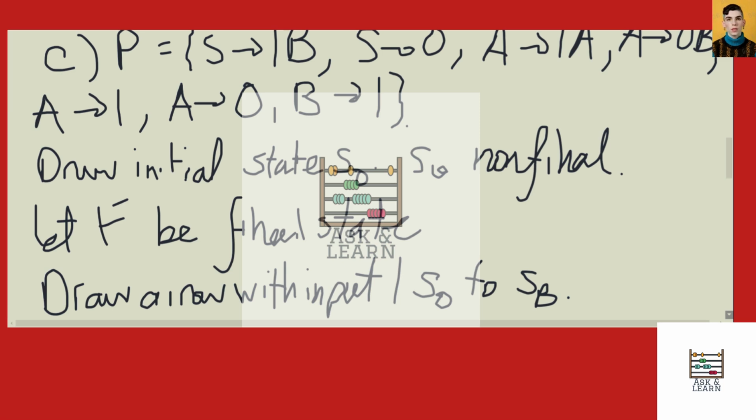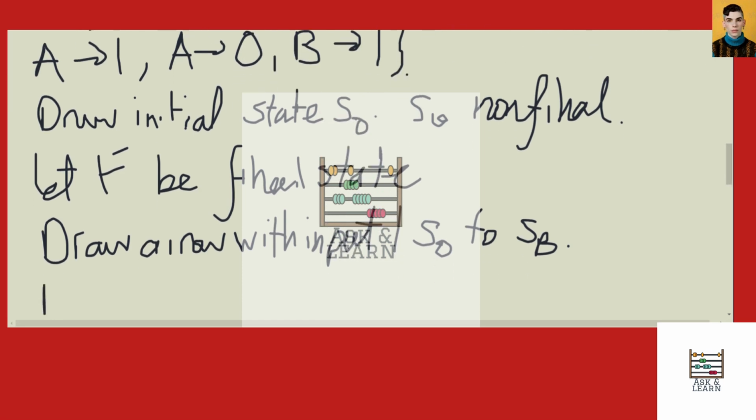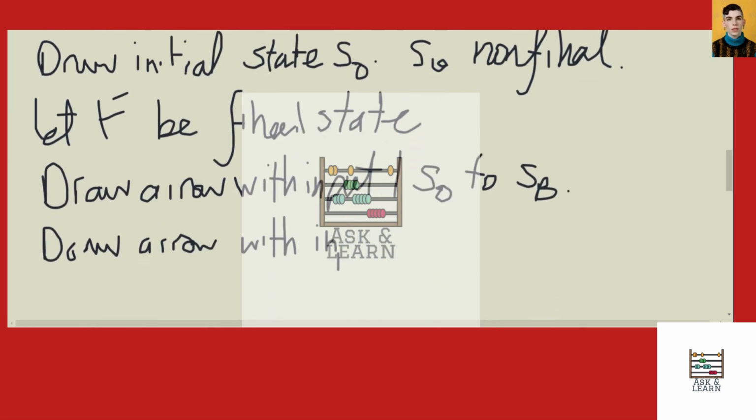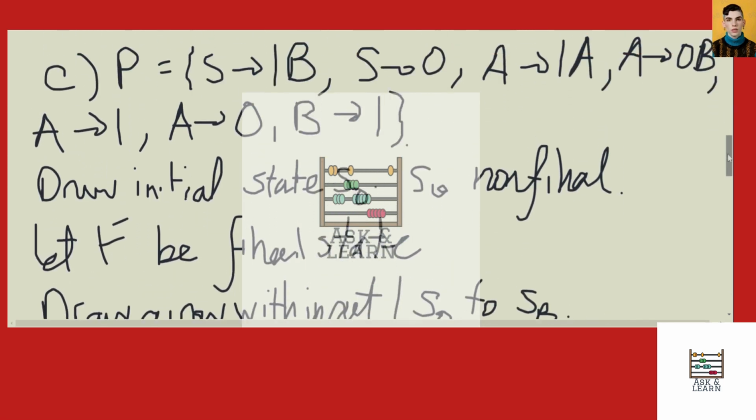Now we'll also draw an arrow from S0 to F. And this arrow has an input of 0. And this represents that S can be replaced by 0, which is a terminal symbol.